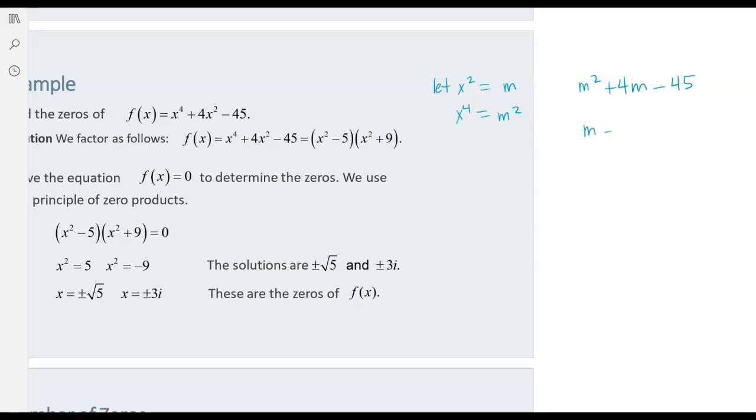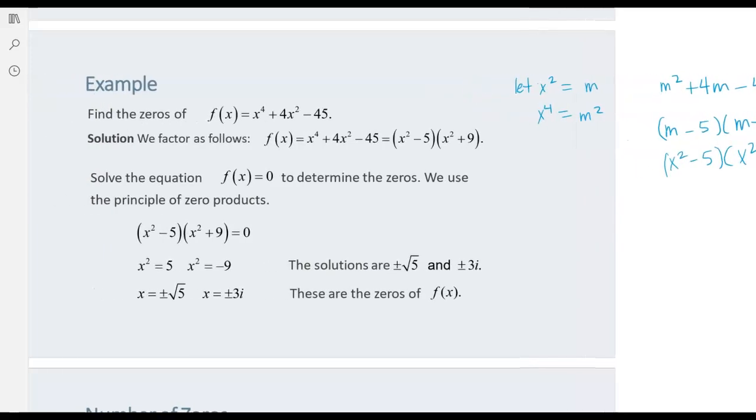That's (m minus 5)(m plus 9). Or going back and plugging in our original variable, we get (x squared minus 5)(x squared plus 9). And then solving those two equations for equaling 0, we get x is plus or minus square root of 5, or x is plus or minus 3i.